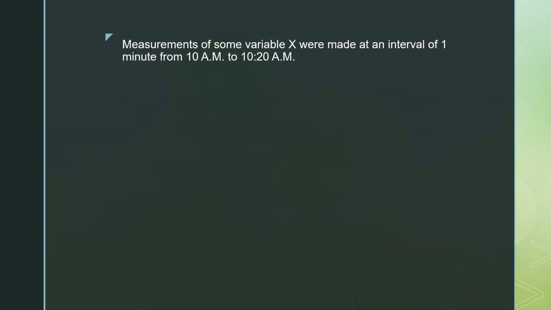So what is the question of June 2011? Measurements of some variable x were made at an interval of 1 minute from 10 am to 10:20 am.